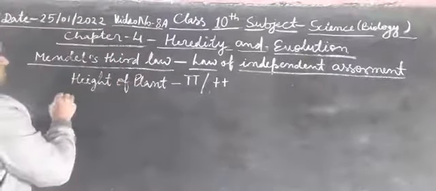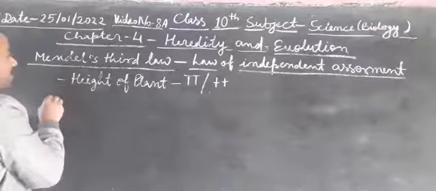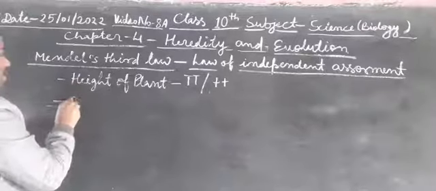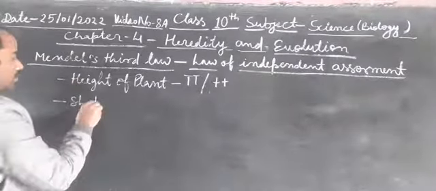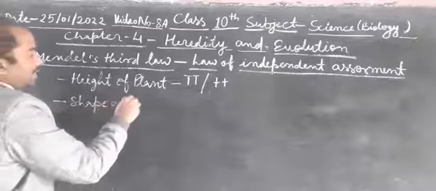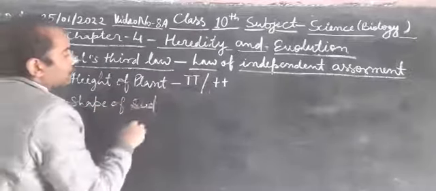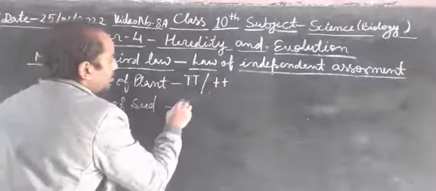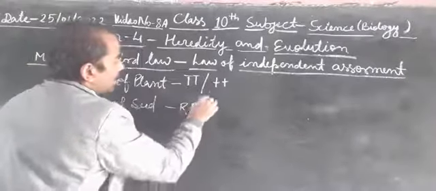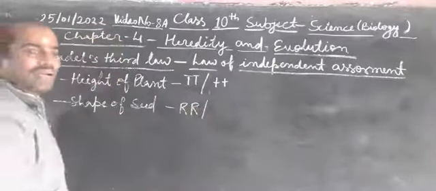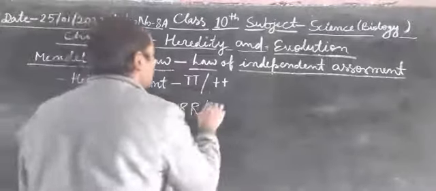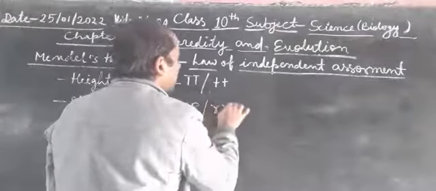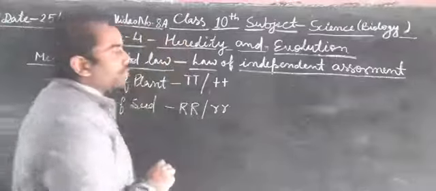Okay, and second character will be shape of seed. One is round, capital R, and second will be wrinkled, small r.